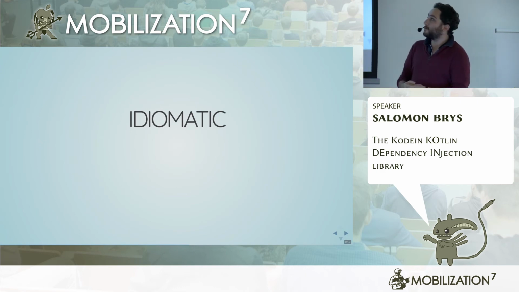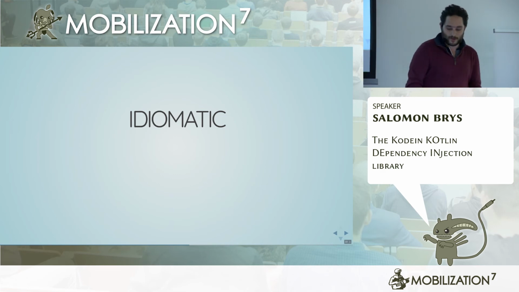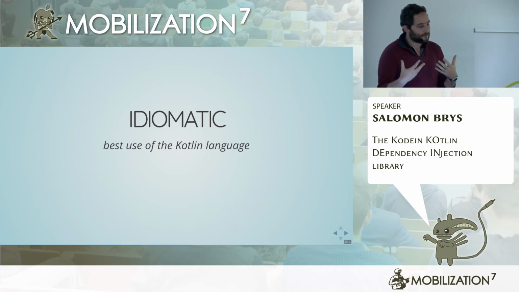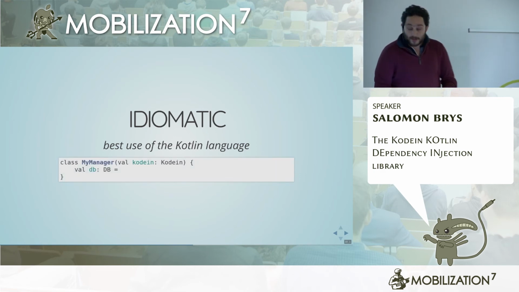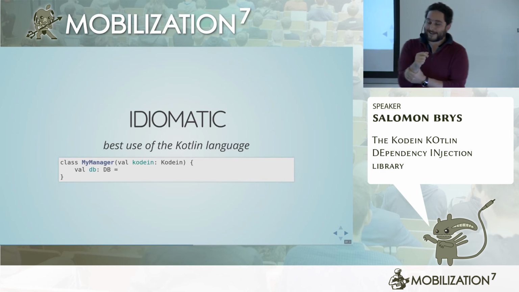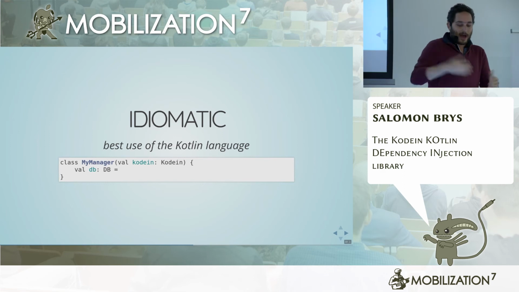We want the library to be also idiomatic, which means that it should feel native in Kotlin, it should feel regular inside Kotlin. So, let's say I have access to a Kodein instance, I have a class manager, I want a DB, I want an instance.